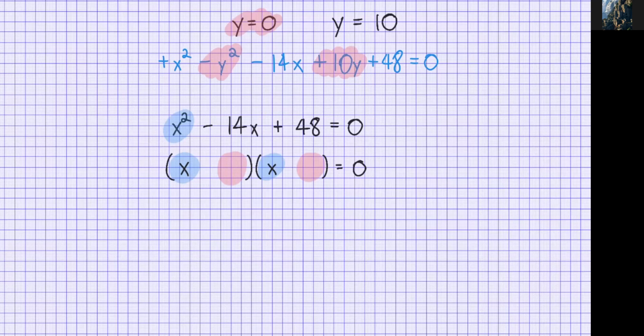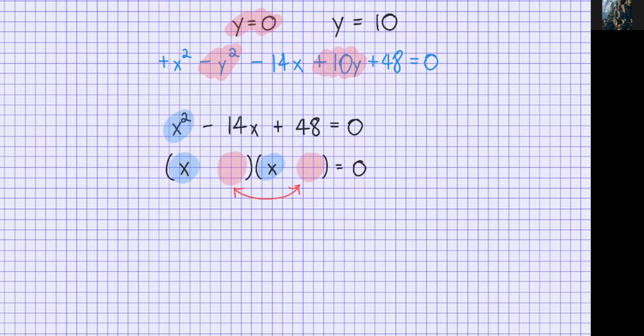When I multiply these two numbers, I have to get my 48. So they have to be factors of 48. And when I add them or subtract them, either way, they have to be equal to this negative 14.